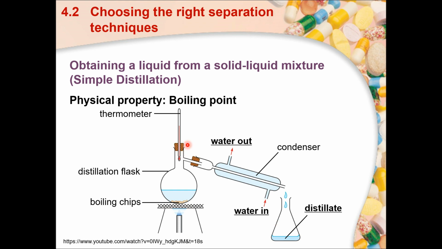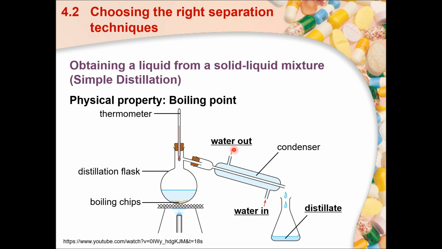And this requires us to use, okay, these stoppers to make sure it doesn't escape. And then we pass the water vapor through a condenser, which can then condense the water vapor, turn it back into liquid water, and then we collect it in a conical flask as what we call the distillate. Now, the important thing to remember is that for my condenser, you need to give it cool water for it to do its job.